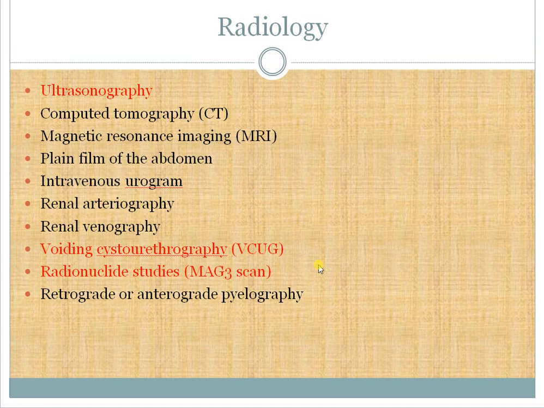When the kid is micturating, you look for reflux, which is not normal, meaning the contrast material should just smoothly come out of the bladder into the urethra, but when the pressure in the bladder increases, there may be some reflux of the contrast agent into the ureter, suggesting there is reflux.